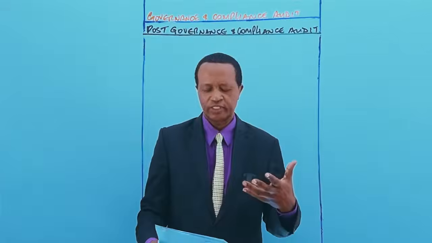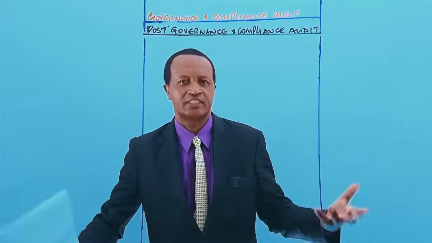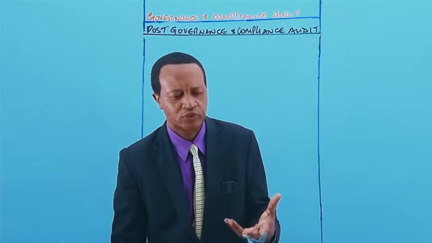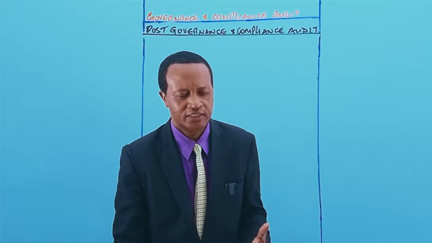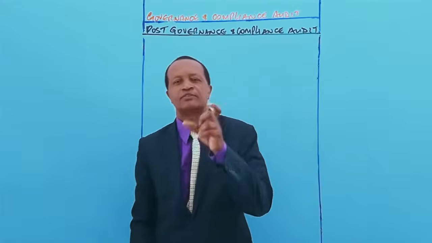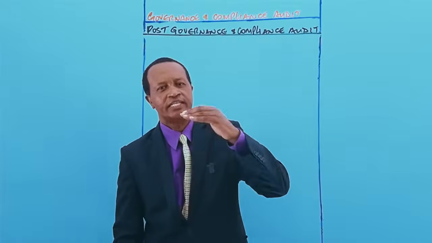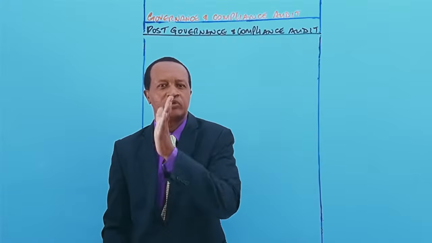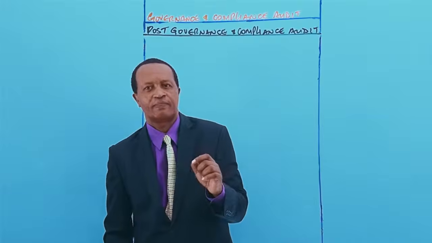Now, before we get into the guidelines, I want to reiterate that subsequent events, first of all, are significant occurrences, either favorable or unfavorable, that take place between the end of the audit period and the date the final audit report is signed.